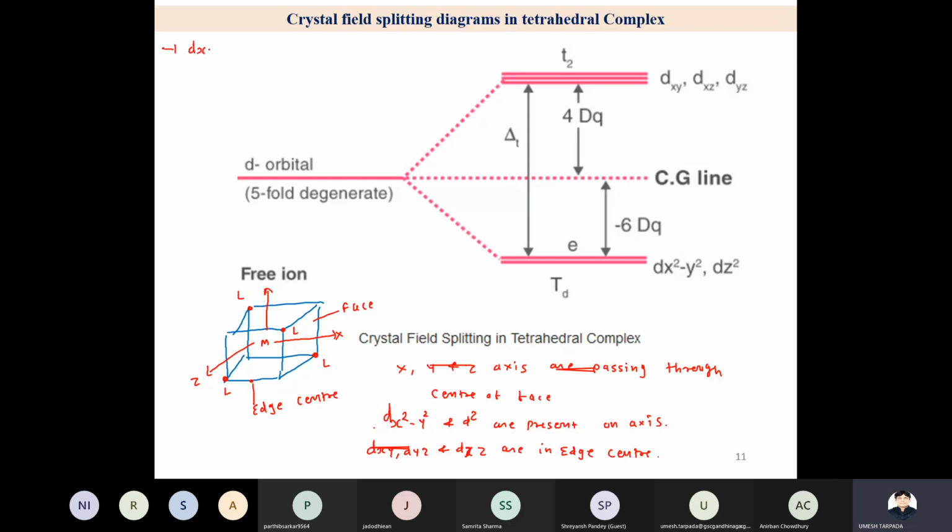Here see, dxy, or you can say dyz and dxz are near to ligands, and dx square minus y square and dz square are away from ligand. तो किसमें ज्यादा रिपल्जन होगा?